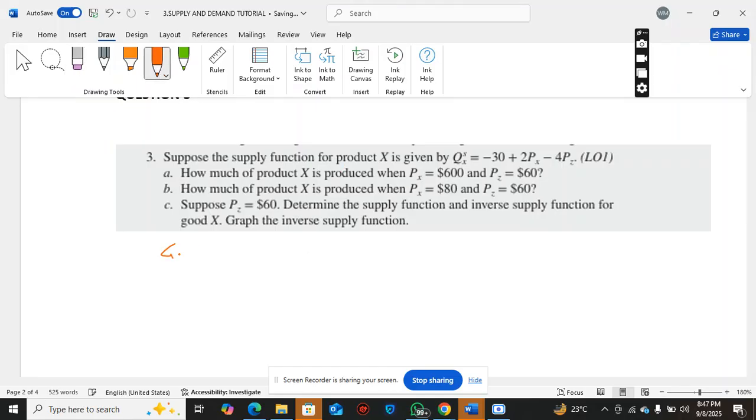Here you're going to say Q equals negative 30 plus 2 times Px, which is 600, minus 4 times Pz, which is 60.